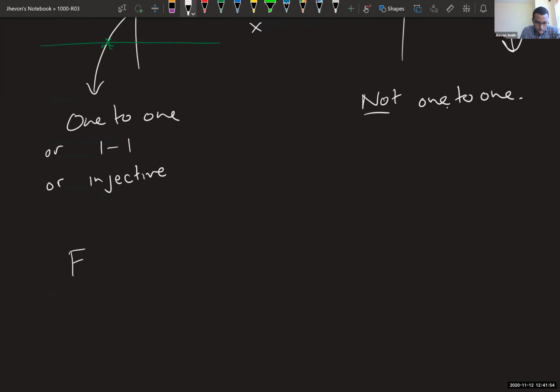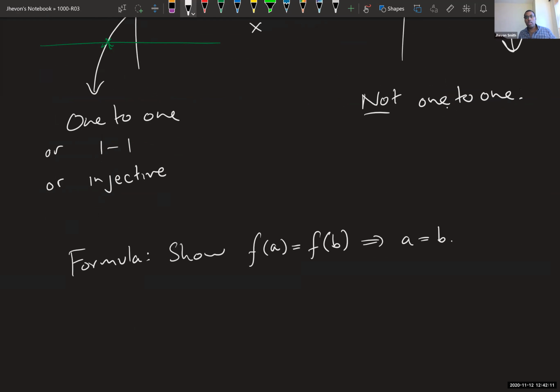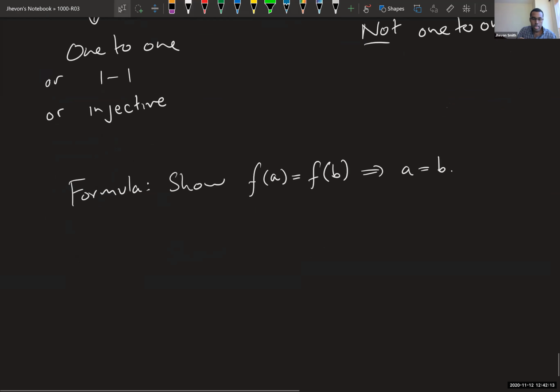By formula, you need to show that, say, f of A equals f of B implies that A must be equal to B. So if the outputs are the same, then the inputs must be the same.